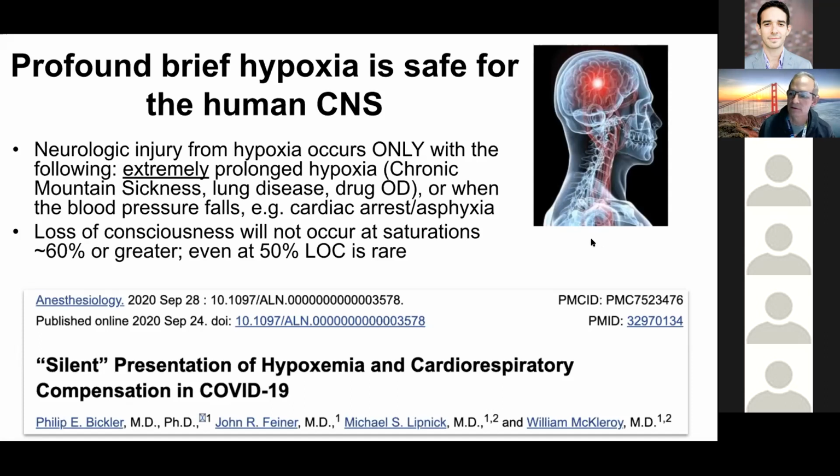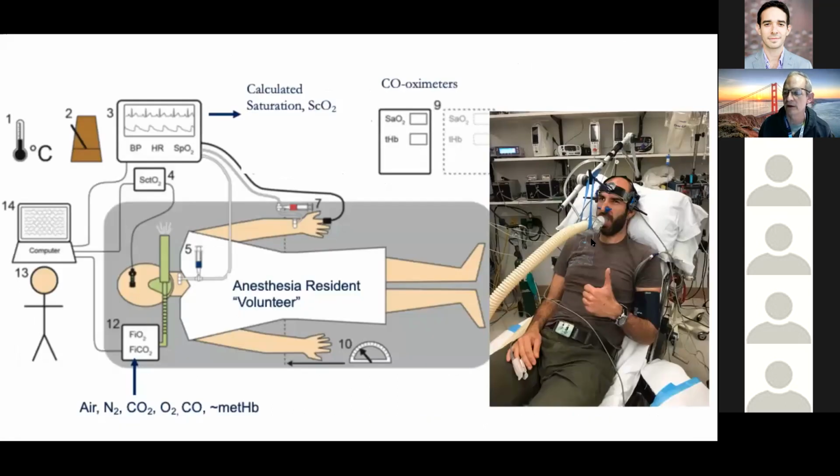And our experience has strongly indicated that these studies are safe and provide a very valuable way of testing the performance of oximeters. They provided insights that have been very useful to us in describing what happens with hypoxia during COVID-19 disease.